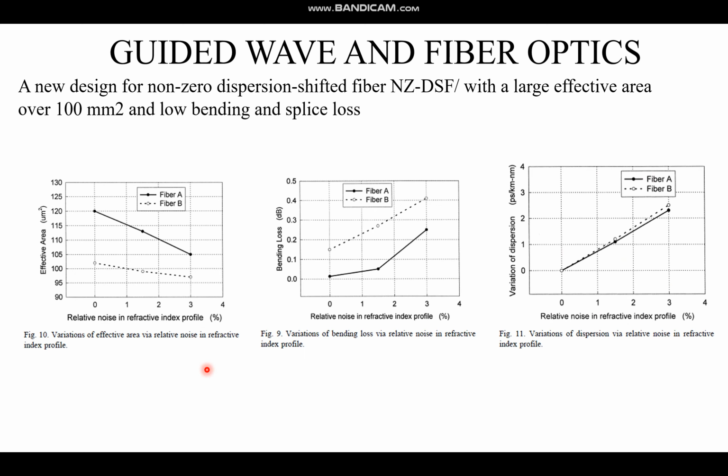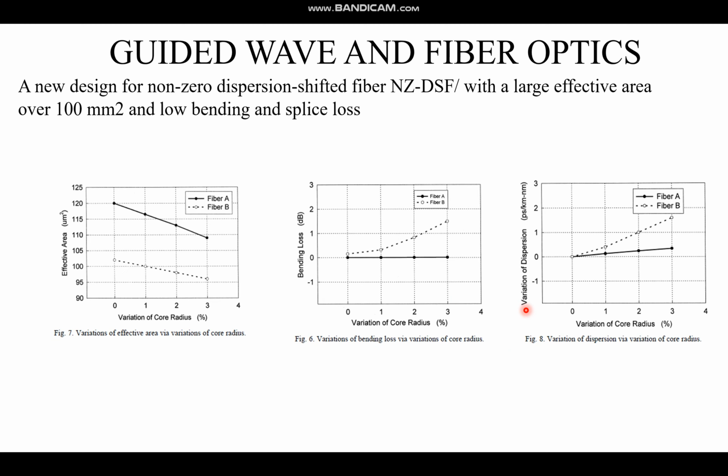And they changed the relative index in the refractive index profile versus the effective area, bending loss, and variation of the dispersion. They also calculated the variation of the core radius, effective area, bending loss, and variation of the dispersion like this.